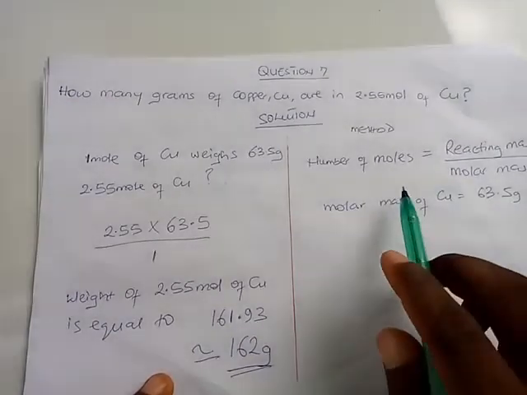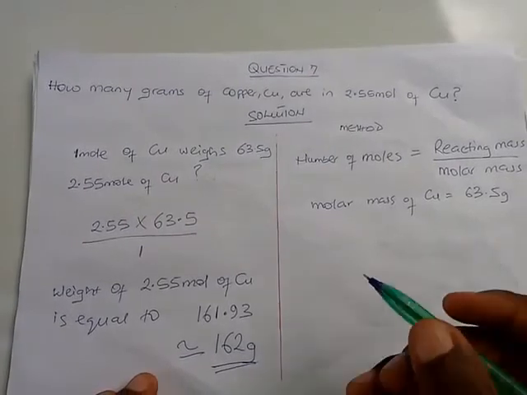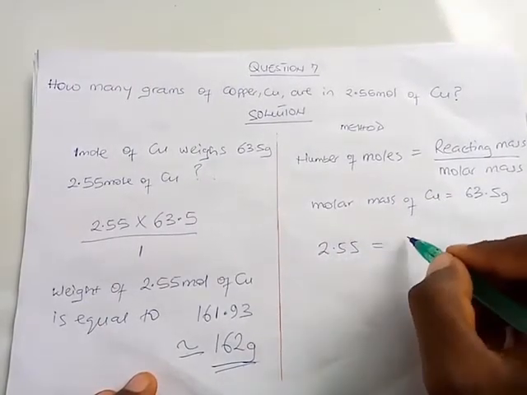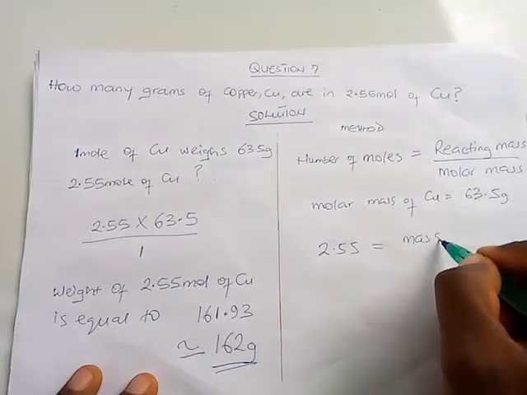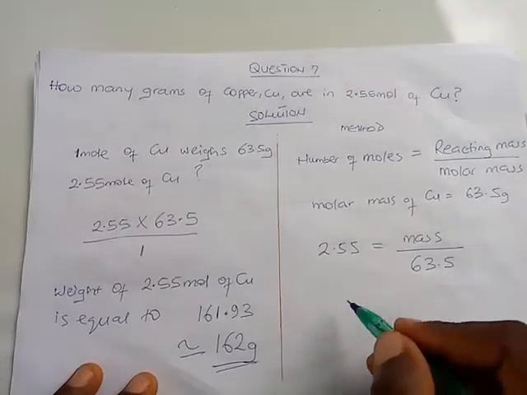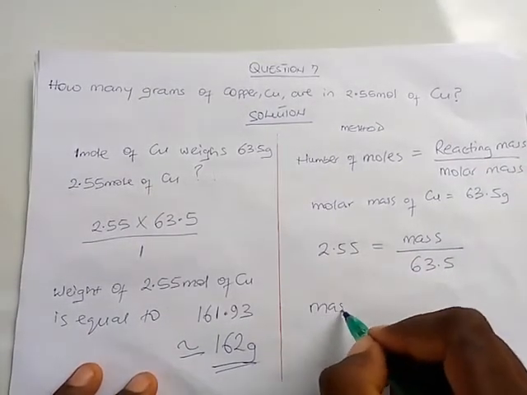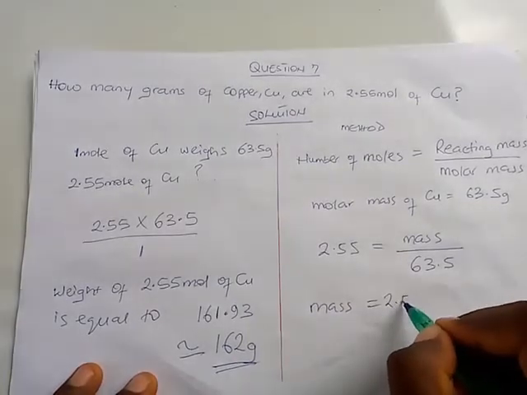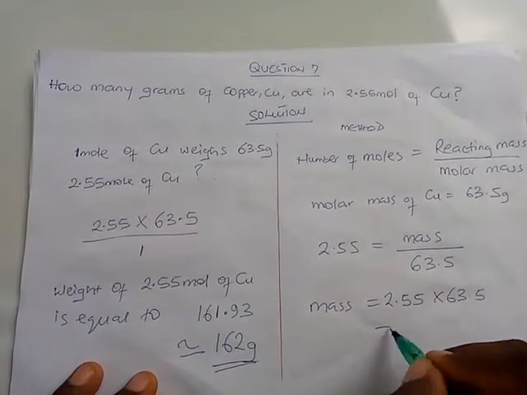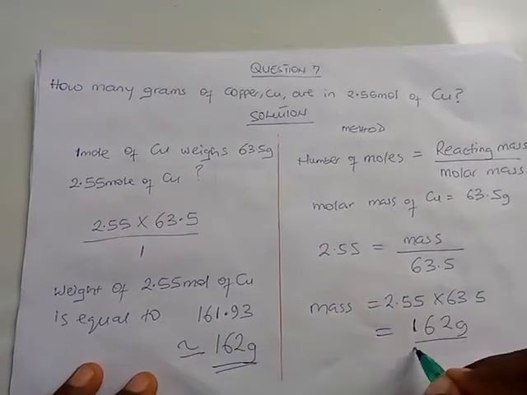I've been given the number of moles as 2.55. So if I substitute these values, we'll have 2.55 is equal to the mass all over 63.5. When I make the mass the subject of the formula, I will have that mass is equal to 2.55 times 63.5, which is equal to 162 grams.